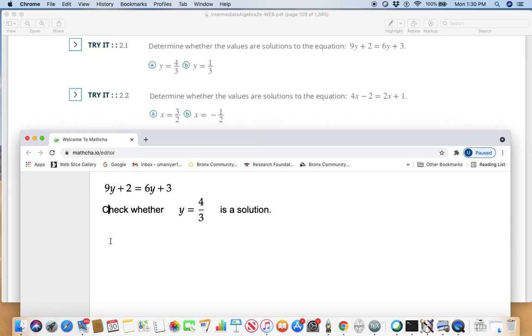So 9 times parentheses plus 2 question mark equal, okay, 6 times y plus 3. 6 times parentheses plus 3. What goes in parentheses? Y. Y is 4/3.